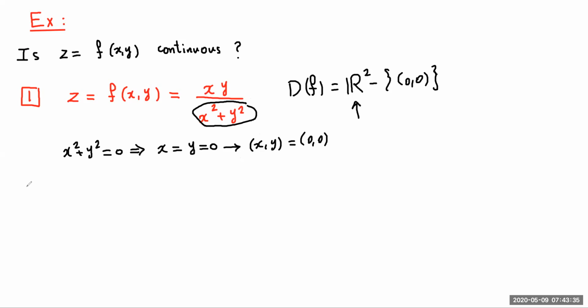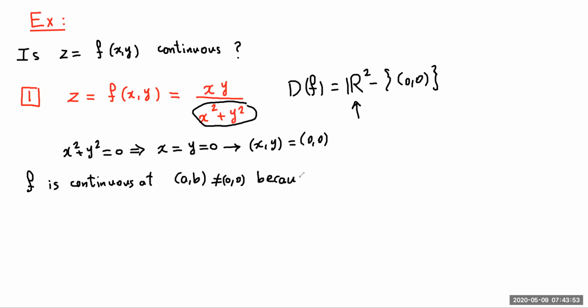Okay, so the function f is continuous at any point (a, b) different from (0, 0). Yes. Why?